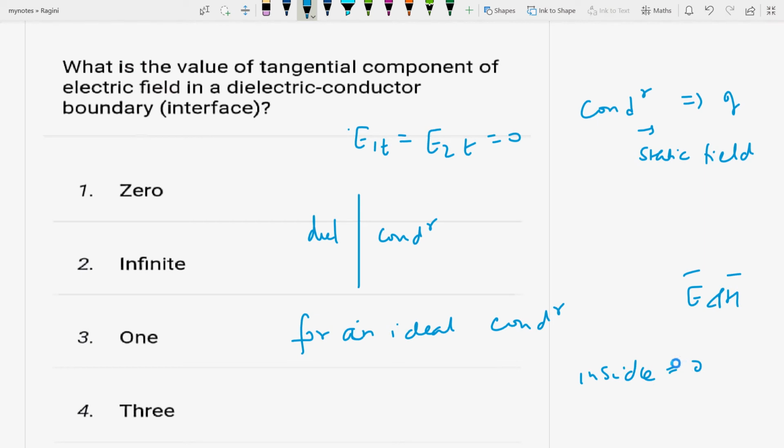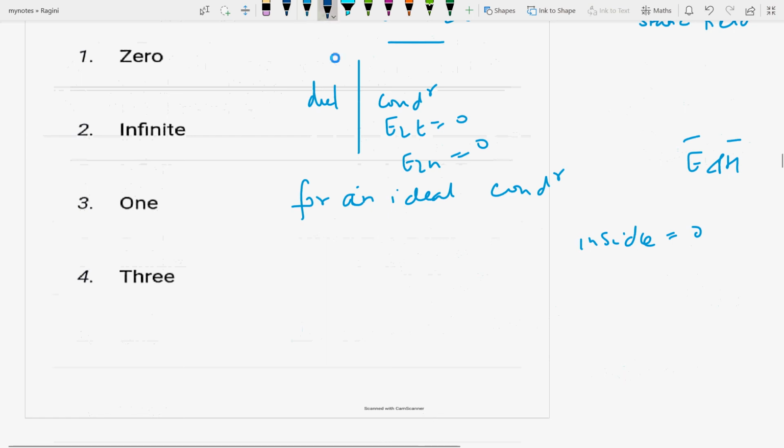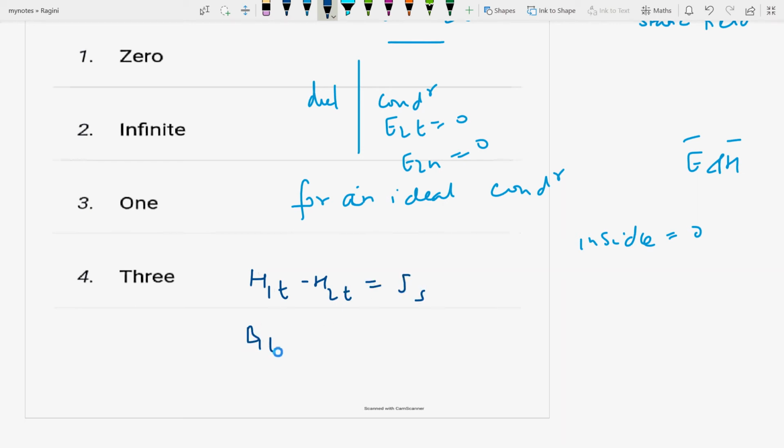The given situation is like, this is a dielectric conductor interface. So here E2t is 0 and the normal components are also 0. So a conductor dielectric interface satisfies the following boundary conditions: H1t minus H2t is equal to Js. Then B1n is equal to B2n.